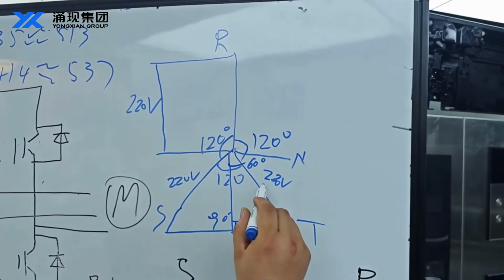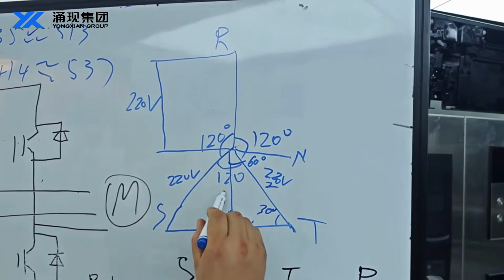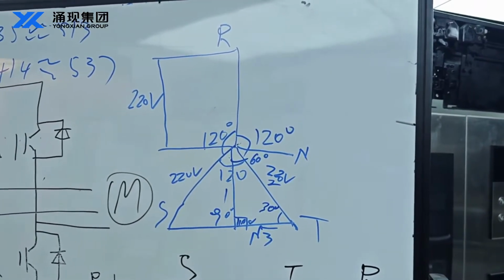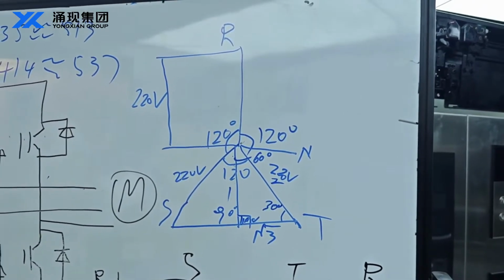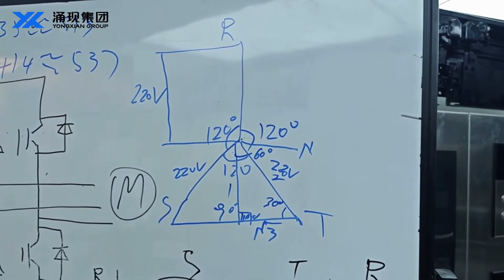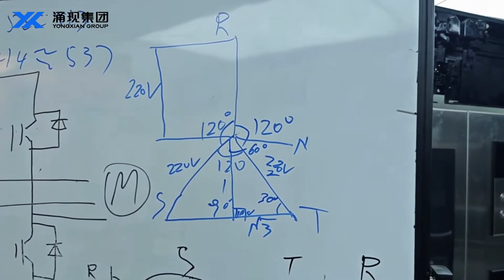According to the principle of right triangles, the three sides are in the ratio 2 to 1 to the square root of 3.